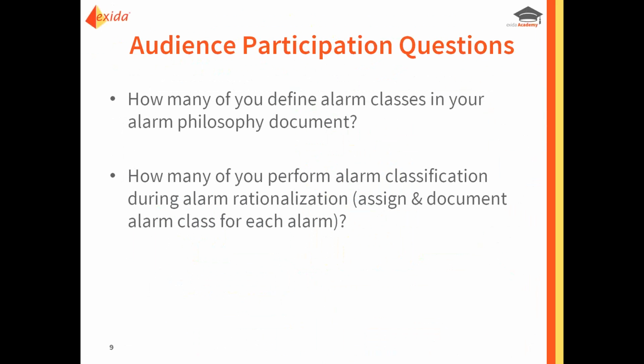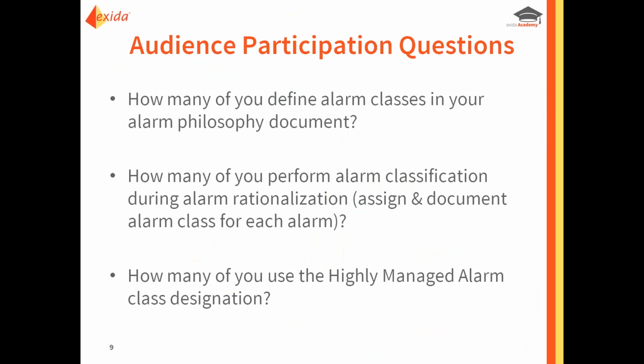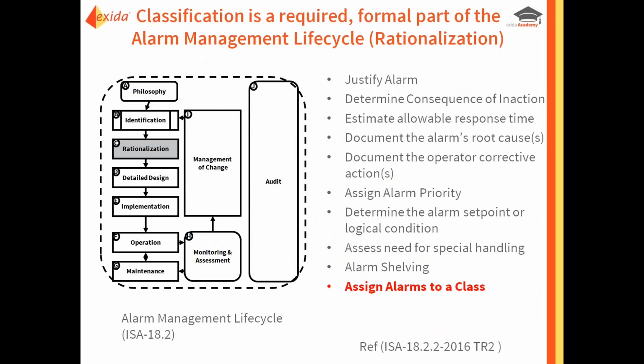And I mean assigning and documenting what class goes with each alarm. And then the last question is, how many of you have used the highly managed alarm class designation? Typically, when I ask these questions in succession, the number of hands goes down as we move from the first to the third question.